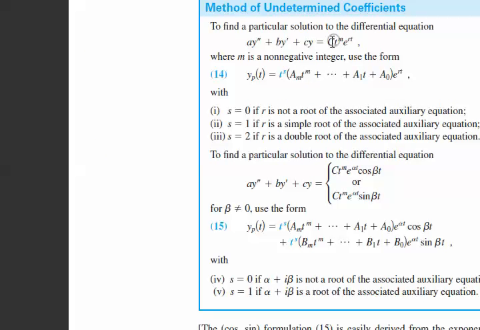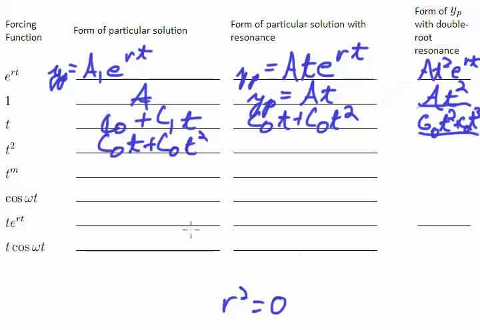Well, it goes all the way down from, if we got a t squared here, this is going to go t squared, t, all the way down to the constant. So this is going to go c sub naught plus c sub 1 t plus c sub 2 t squared. And this one is going to go c sub naught t plus c sub 1 t squared plus c sub 2 t cubed.